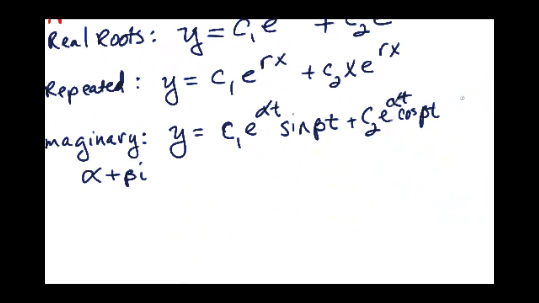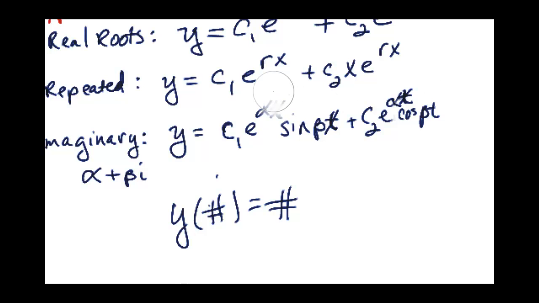And just like anything else, you can be given initial values, y of some x value equals some other value, and you can plug in, or actually t in this case, because I put x's for the first two and t's for the other, so I'm going to change these to x's to keep them consistent. You can solve any initial value problem given that you're given a t and a y, or an x and a y.